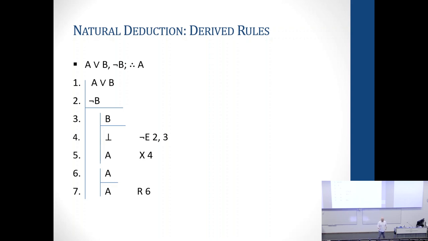What's the rule that we use, though? Remember, disjunction elimination. So we cite the disjunction we've used. We've eliminated the disjunction in line 1. We cite the two subproofs to show us, hey, from this disjunct you get to this result, from that disjunct you get to the same result. Boom. That's why we know the result follows.